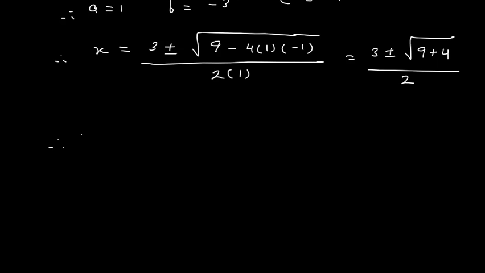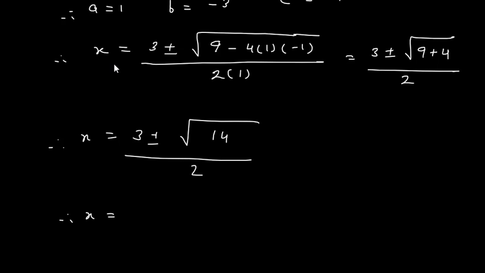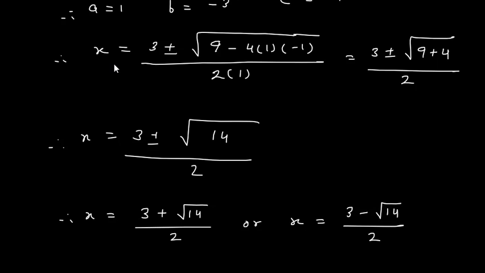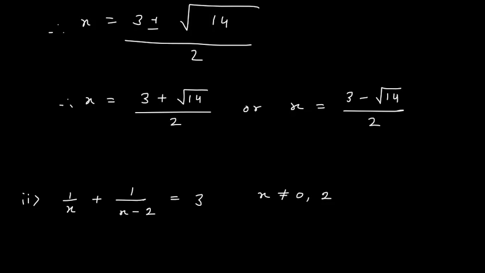So x is 3 plus minus root of 9 plus 4, 13, and whole divided by 2. So finally x is 3 plus root 14 divided by 2, or x is 3 minus root 14 divided by 2. So the value of x is 3 plus root 14 upon 2, or it is 3 minus root 14 upon 2.